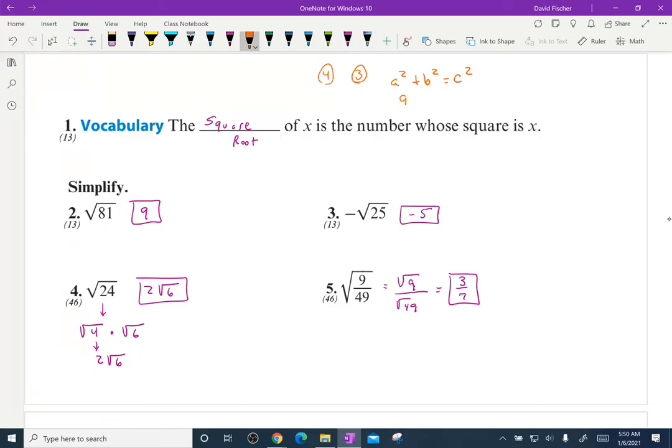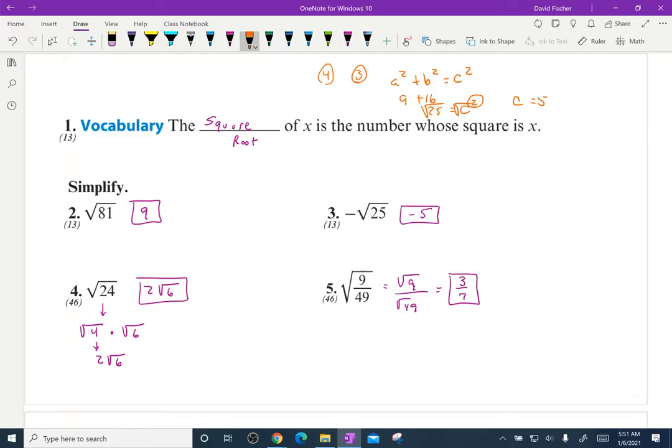So then you said 4 times 4 is 16, you took 9 plus 16, which would be 25, and then you said equals c squared. Well, to get rid of the square, you had to take the square root of both sides. That's how you get rid of a square. That's the opposite of a square. And you said, hey, c equals 5, because the square root of 25 is 5.